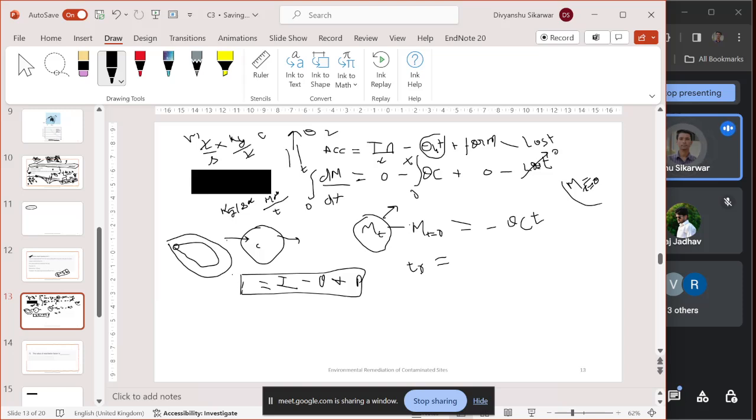If I am talking about complete remediation, what will be the value of Mt, the mass of contaminant at time t?